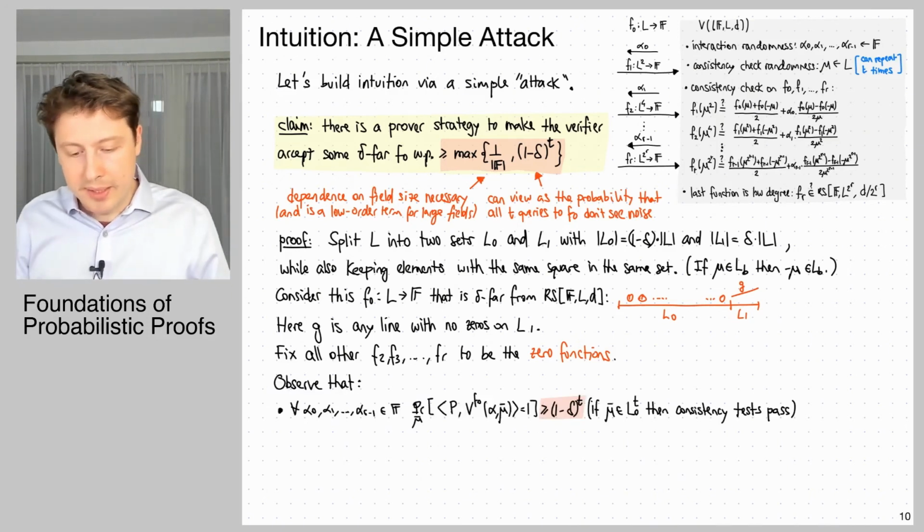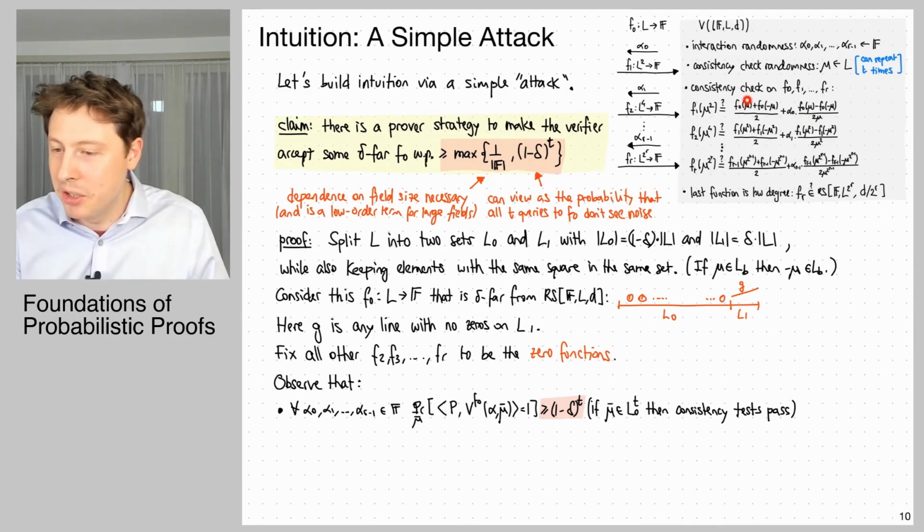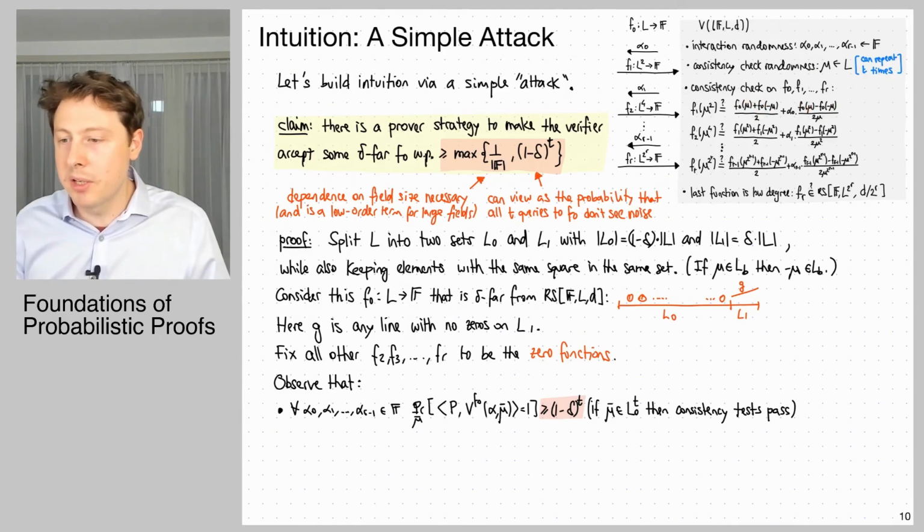Now let's see that first and foremost, no matter what alphas are being sent during the interaction, if the consistency checks never see the noise, then we accept, right? Because if you get outside L1, outside L1, outside L1, you get (0 plus 0) divided by 2, plus alpha times (0 minus 0) divided by 2 mu.